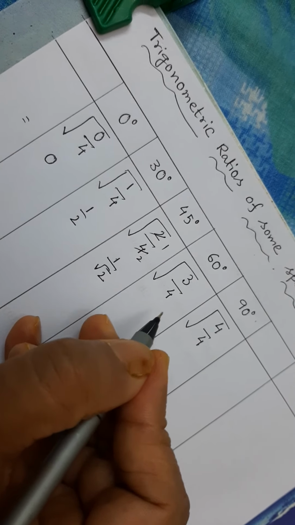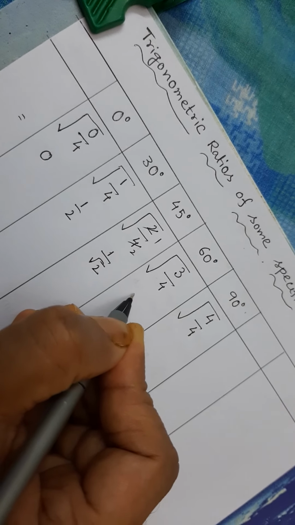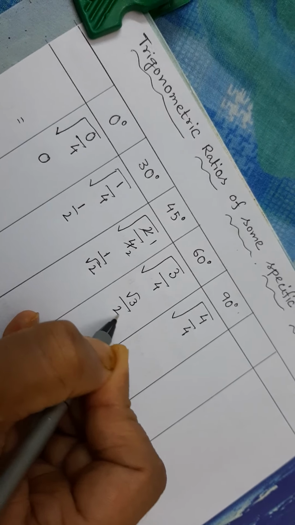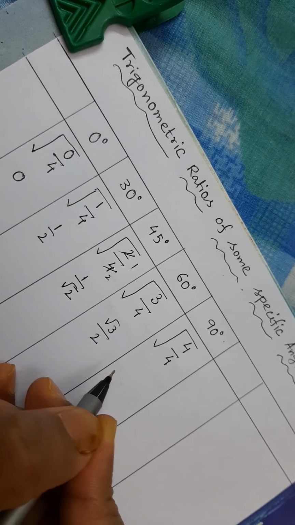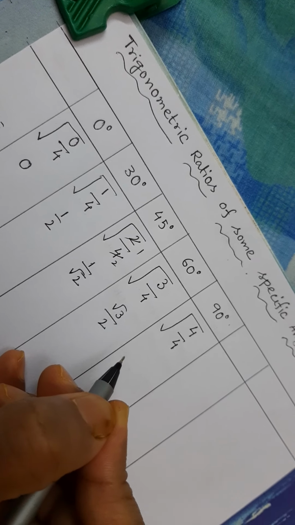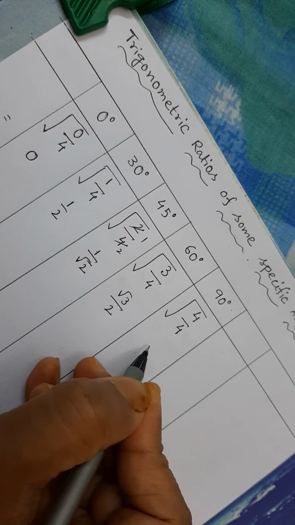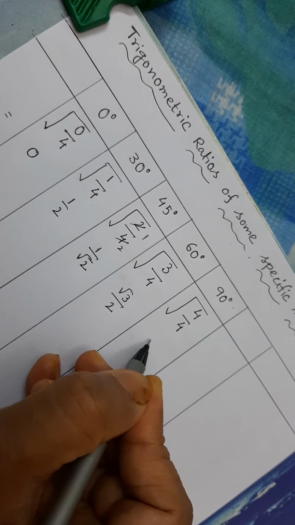Then root 3 by 4, square root of 3 by 4, that is root 3 by 2. And 4 by 4 is 1, square root of 1 is 1.